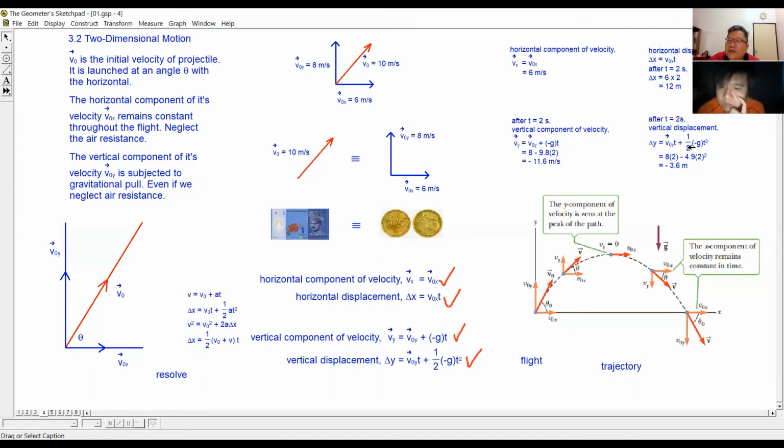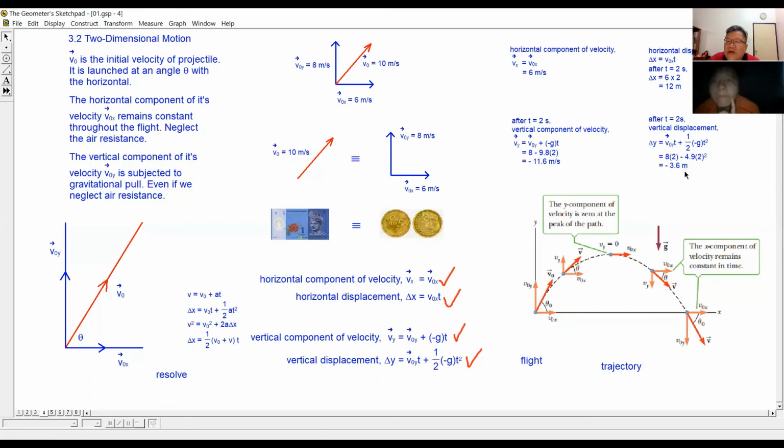So after 2 seconds, we use this formula: the final displacement is the initial velocity times time minus half g t squared. The initial velocity is 8, the time is 2, half of acceleration due to gravity is 4.9, and the time is 2 seconds squared. Evaluating this number, it turns out to be negative 3.6.